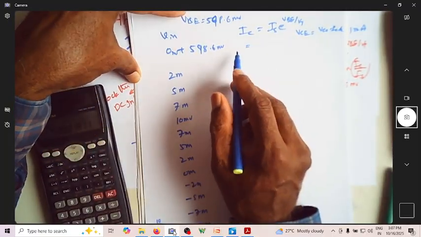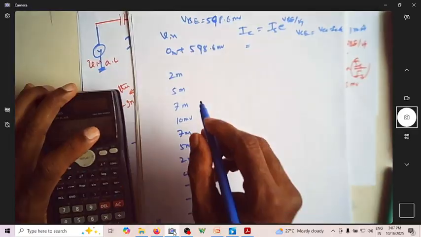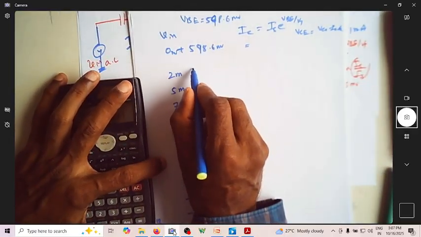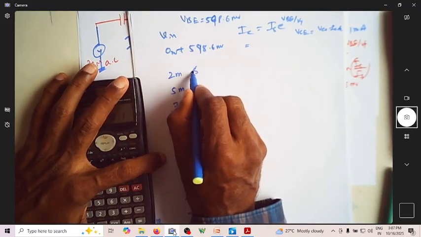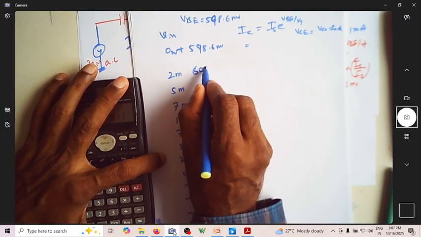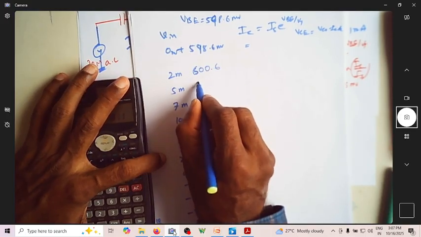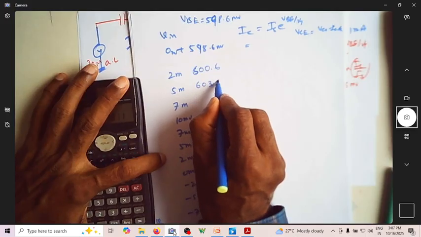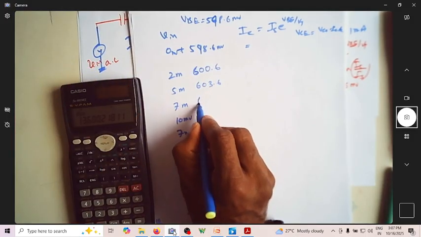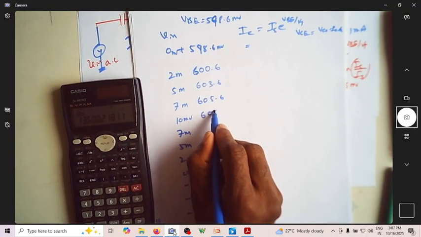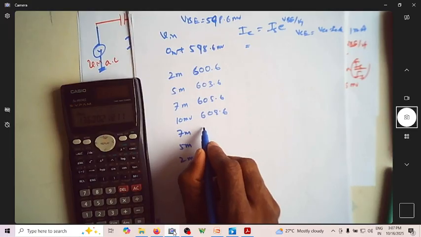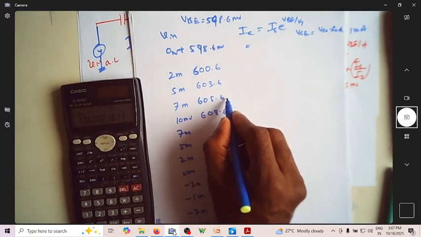Can we find the corresponding IC? What will this end up with? How much is this? This is 600.6, this is 603.6, this is 605.6, this is 608.6. This is the same value, so this will repeat here.